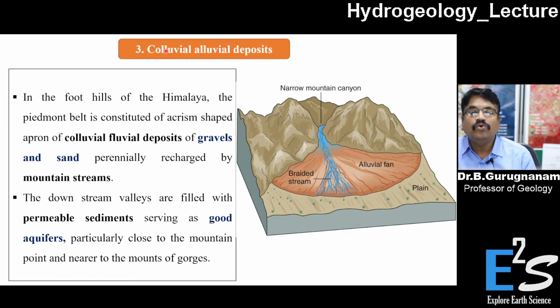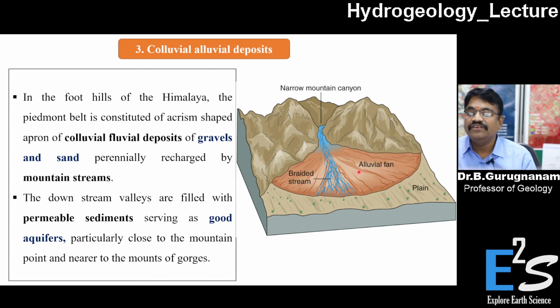And similarly, alluvial deposits. This is an alluvium deposit. Whatever sediments are carried by the river in the hilly terrain are deposited on the bottom side. It looks triangular in shape, and over a period of time the sand thickness will be more here, and it will settle down and start to act as a good aquifer.